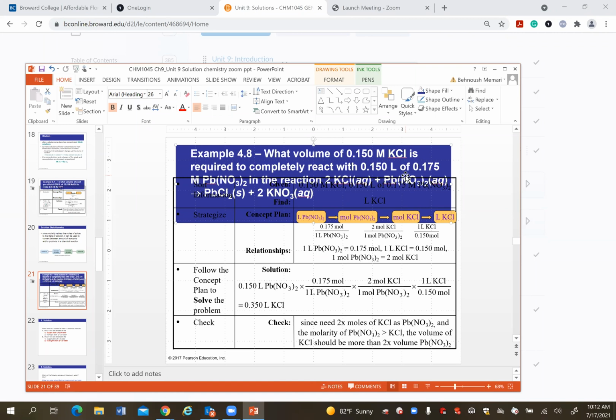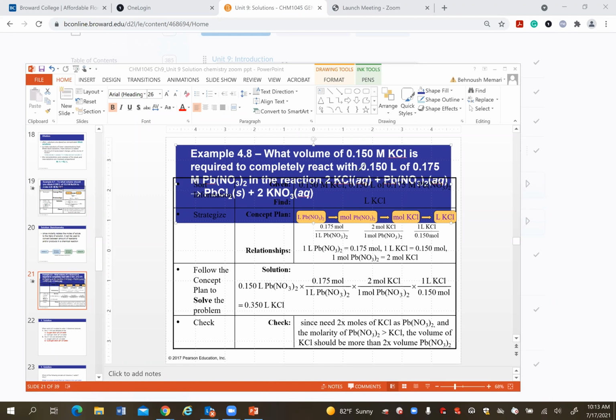Okay, what's given is the item that you have both volume and concentration. In solution stoichiometry, the known would be the one that you have both volume and concentration.